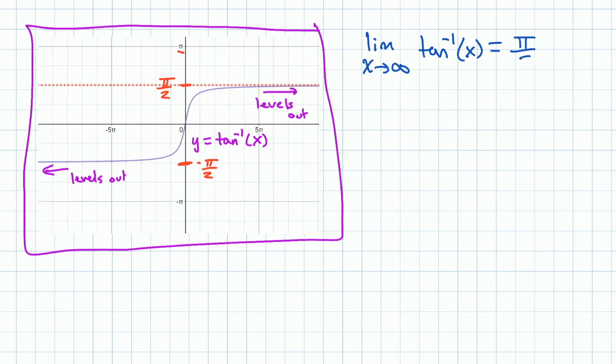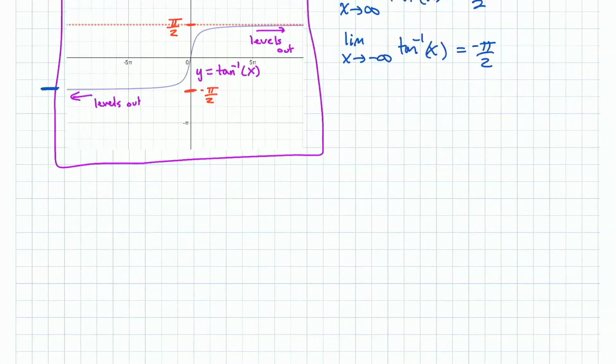So that limit is pi over 2. And also, you can see that the limit as x goes to negative infinity of tangent inverse x, well, that's the one down here. So that's down at negative pi over 2. Okay, and so you just get that from the graph. All right, so that's one graph you need to know.